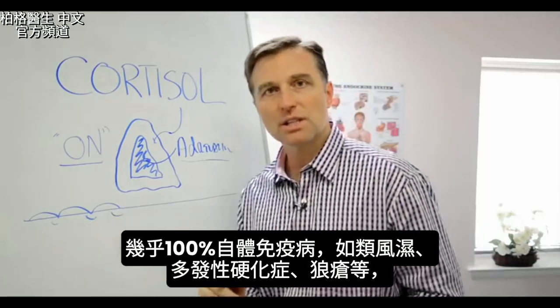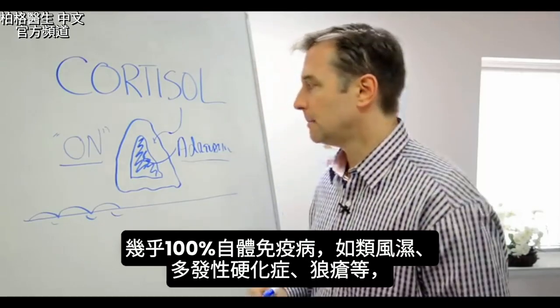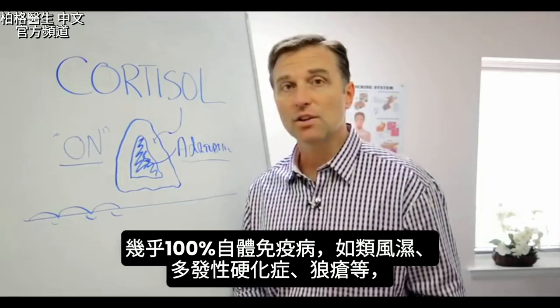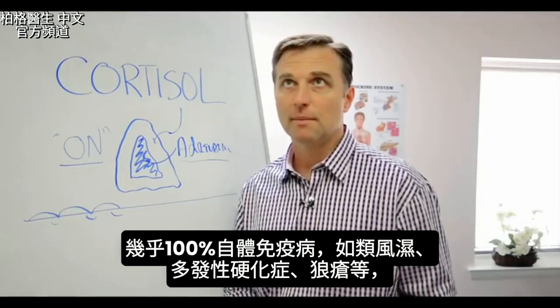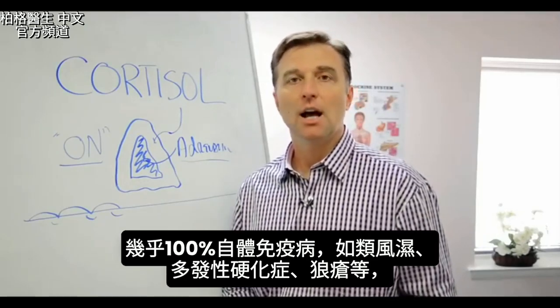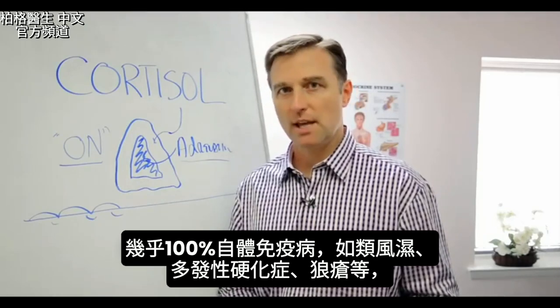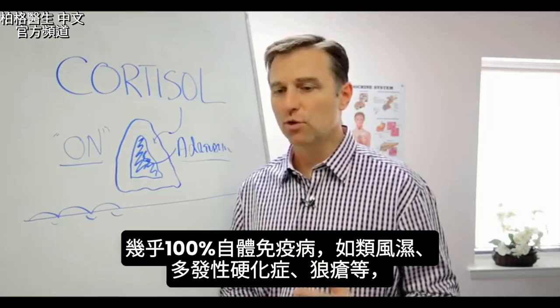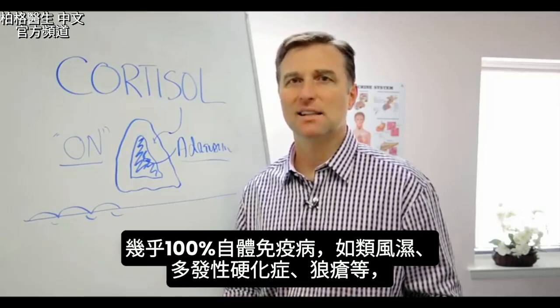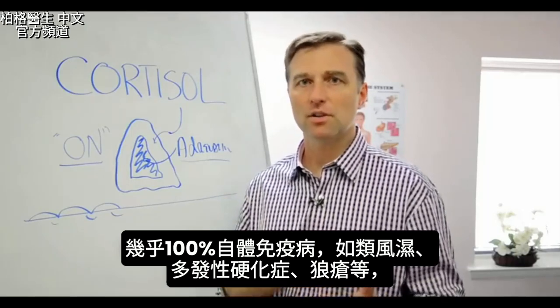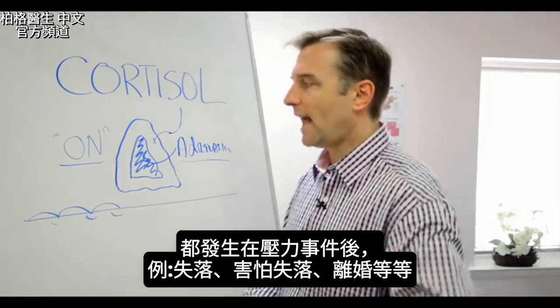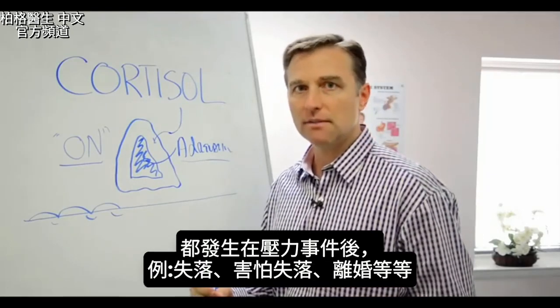And it's also interesting to note that, and I'm going to just tell you, it's probably 100%, it might be 99% of the time, but nearly 100% of the time you take autoimmune cases like rheumatoid and MS and lupus and all these different autoimmune diseases, it always happens after a stress event.